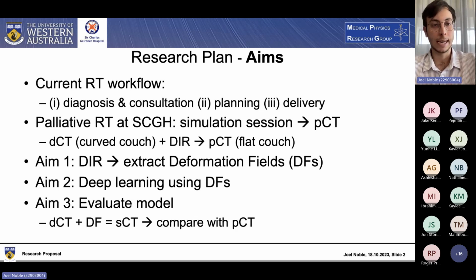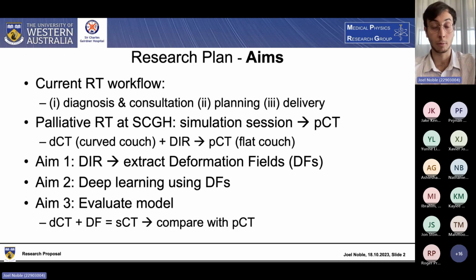Now, what if you could take their diagnostic CT used for their referral, which has the characteristic curved couch, and use deformable image registration in such a way that it could resemble what the planning CT looks like with the flat couch.